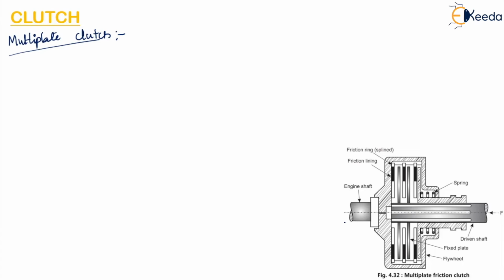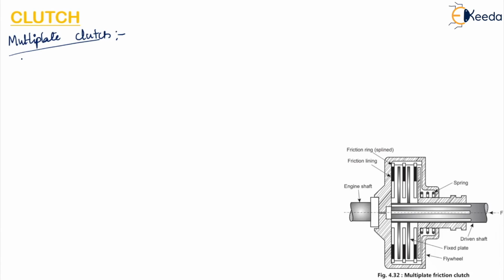The working is similar to the single plate clutch, except that the torque transmitted to the driven shaft is much higher compared with the single plate. Why? Because the surface area in multi-plate is higher. That is why the torque transmitted to the driven shaft will be more in the multi-plate clutch compared to the single plate clutch.